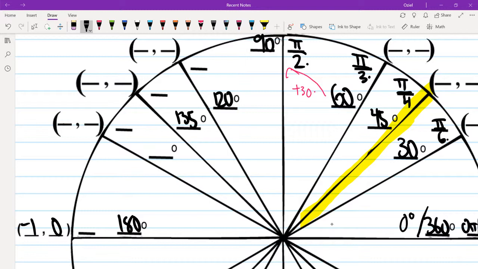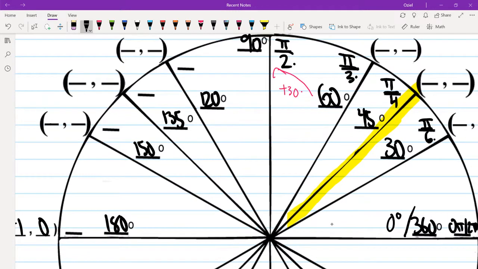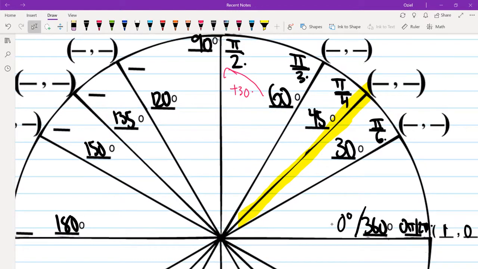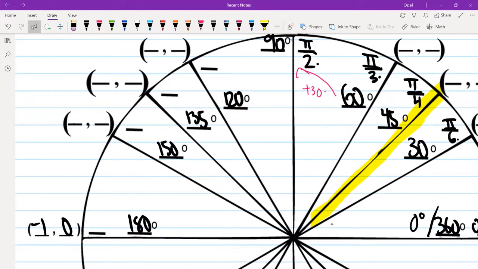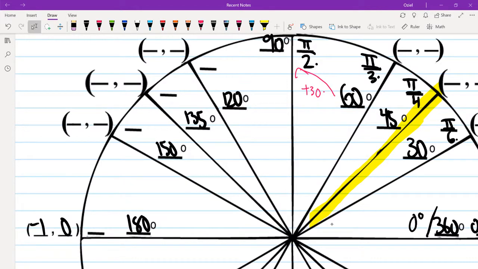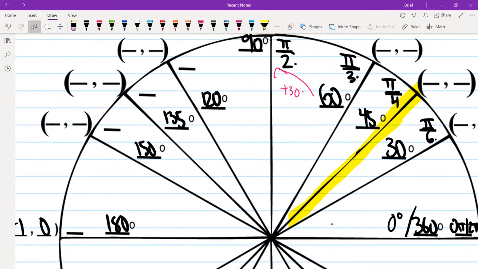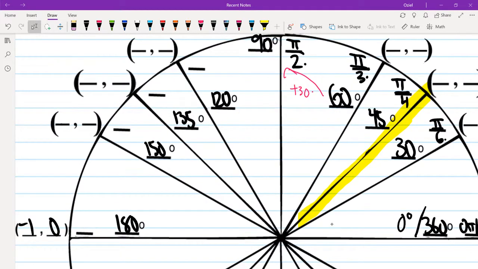And from 30 to 90, you would do plus 60, so from 90 to over here, you would do 150 degrees. And of course we have the 180 there already.